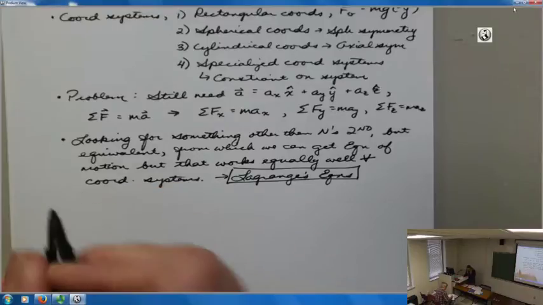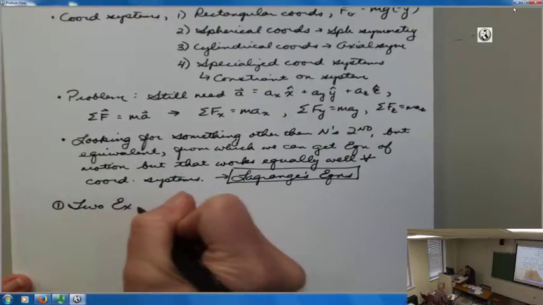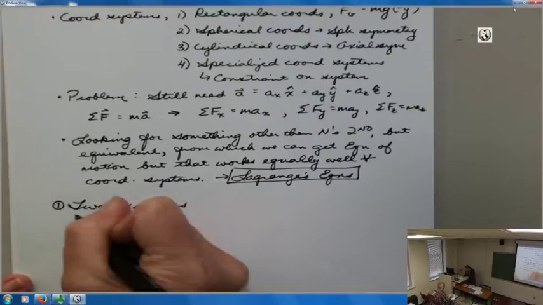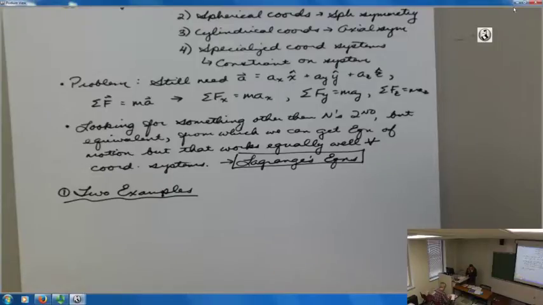All right. These are going to be examples that illustrate problems of variational calculus.